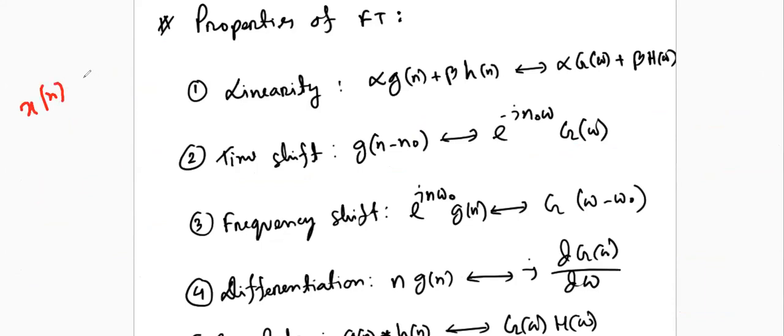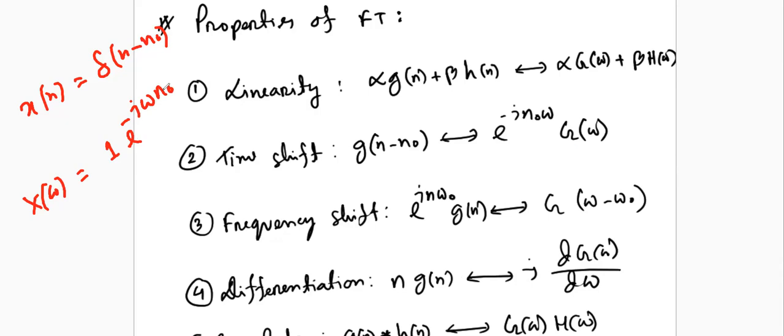If we have x[n] is equal to delta[n minus n0], what will happen? X(omega) will be 1 as the amplitude, and then e to the power minus j omega n0. So that will be multiplied, and since this is for n equal to n0, you get this term.